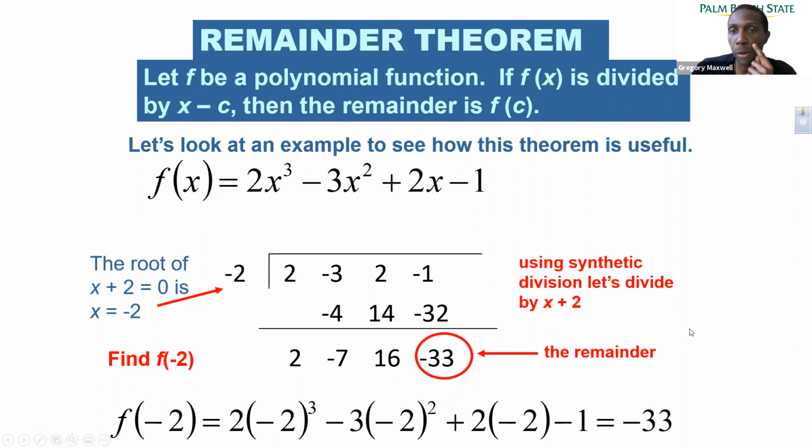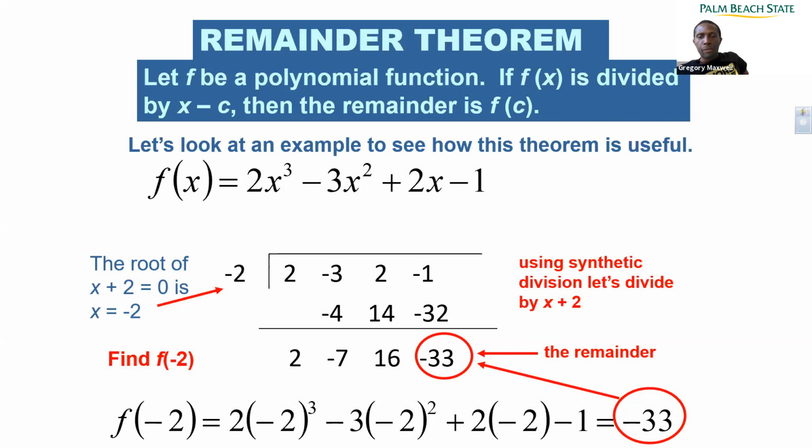So if the remainder is not 0, then this x plus 2 is not a factor. That linear expression is not a factor, because when you have a factor, the remainder should be 0. A factor should divide perfectly into the polynomial.